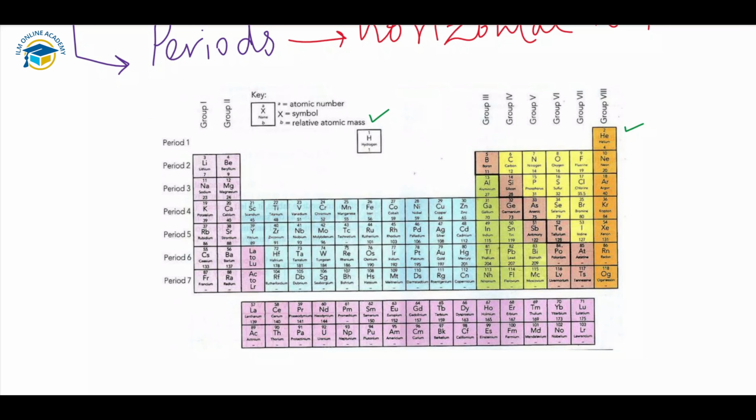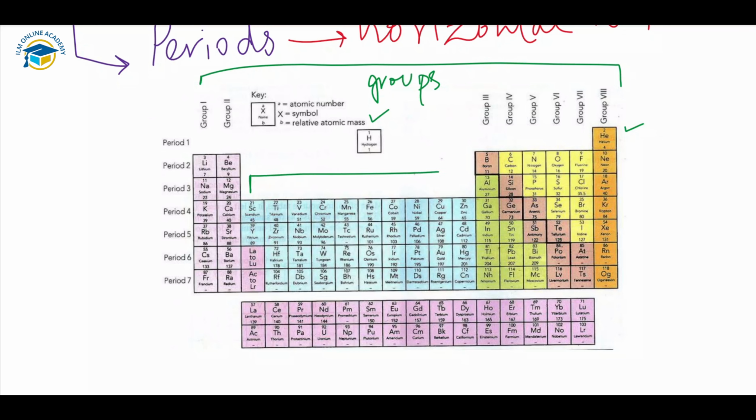You can see here we have vertical columns. These are the vertical columns, and these are known as the groups of our periodic table. There are a total of 8 main groups in our periodic table, which are known as the main groups. I'm excluding the elements that are present in the center.